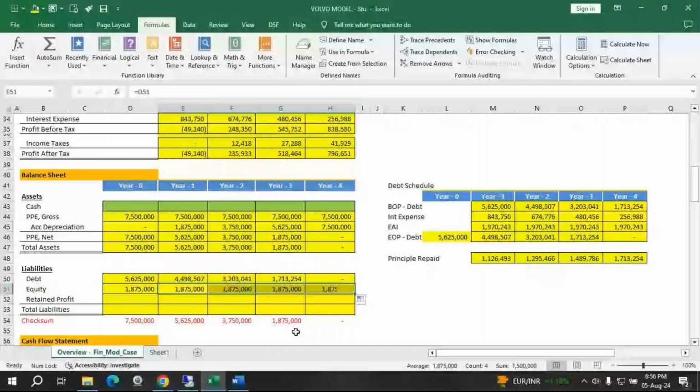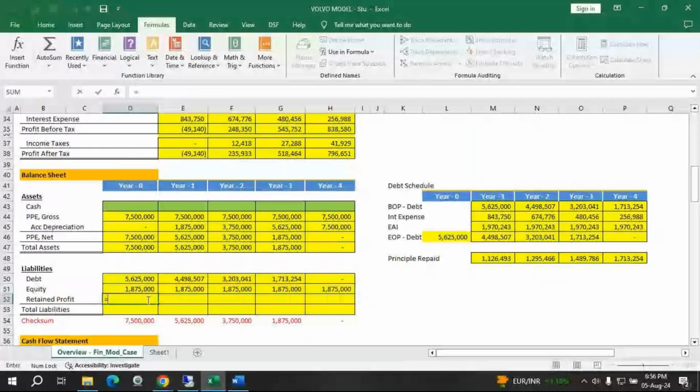Retained profit. In the first year it is 0.